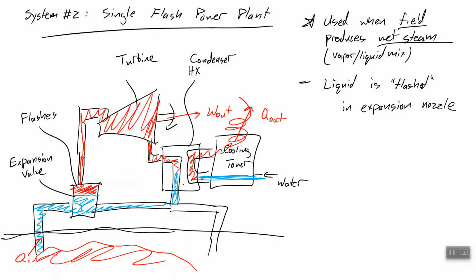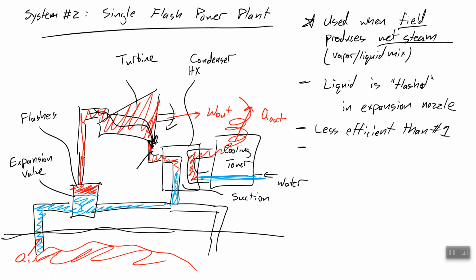Again, we are cooling the steam here to create suction, as the steam, which takes up a lot of volume, is shrunk down to a liquid that pulls more steam through this turbine, dropping the pressure at the end of the turbine, creating more power. Okay, it is less efficient since we get even less pressure out of our steam going into the turbine, so less efficient than system number one.